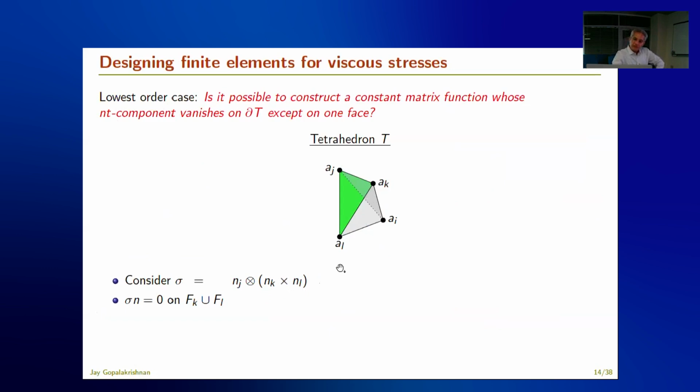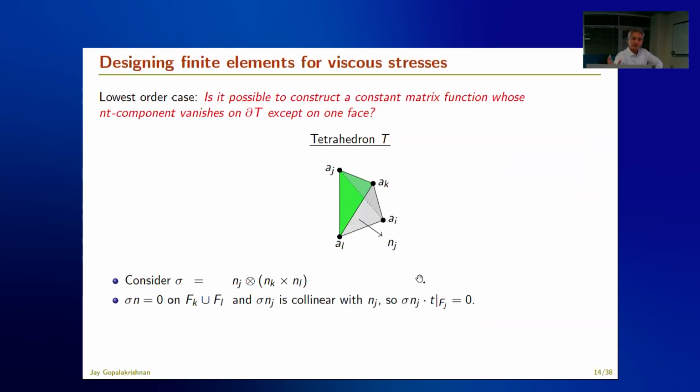Next, on this other face opposite to AJ, if you multiply this expression with NJ, you will find that the result is in the direction of NJ, because you just get a constant times NJ. So sigma NJ is in the same direction as NJ. Therefore, it has no tangential component. So we've just concluded that the normal-tangential component of sigma n is 0 on three faces.